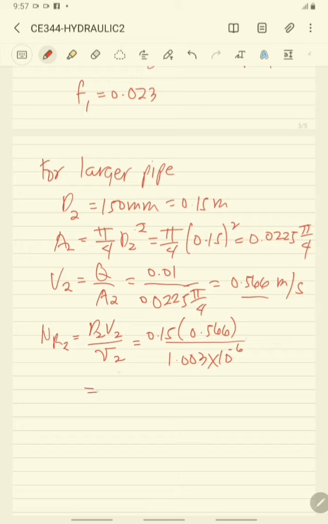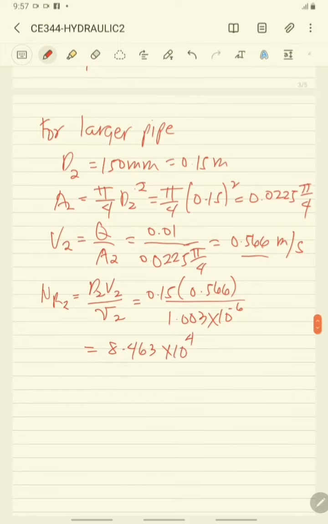This is equal to 8.463 times 10 to the 4, which is 84,630, and that is greater than 2,000. So it is turbulent flow.